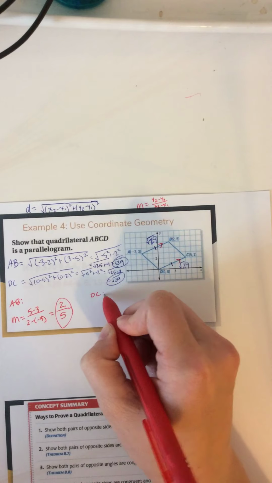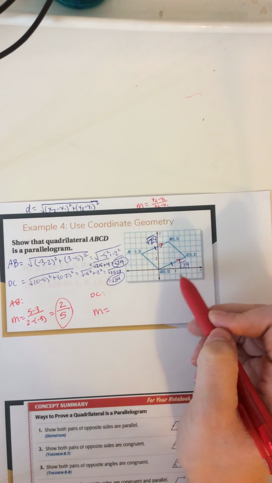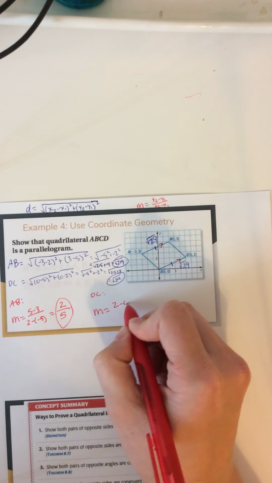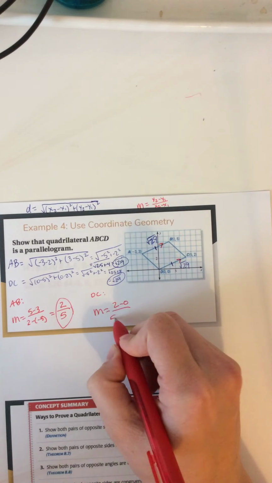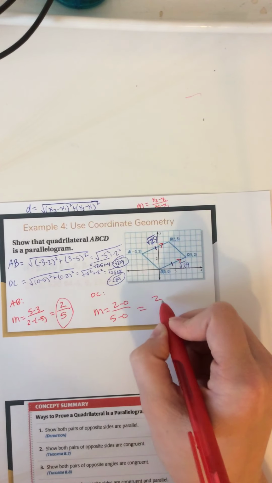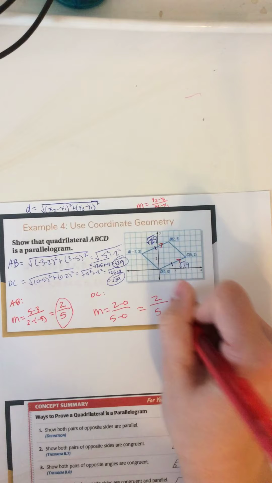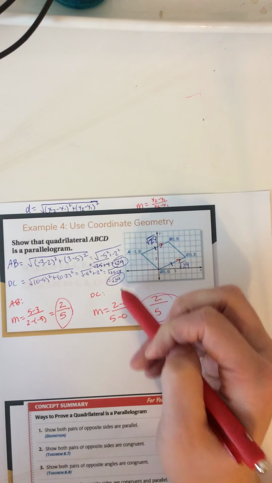And then to find the slope of DC, I got 2 minus 0 over 5 minus 0. Oh look, 2 minus 0 is 2. 5 minus 0 is 5. So they are congruent and parallel because they have the same slope.